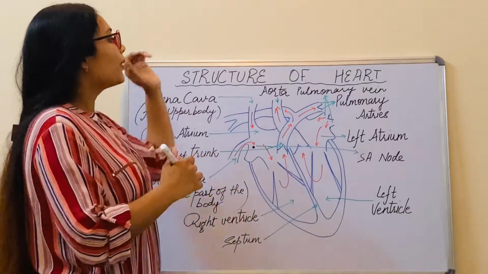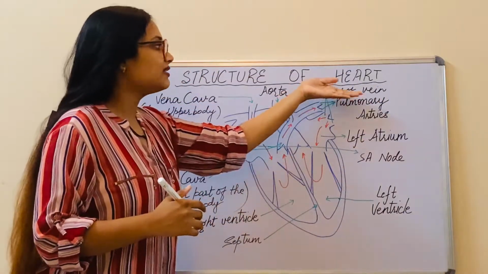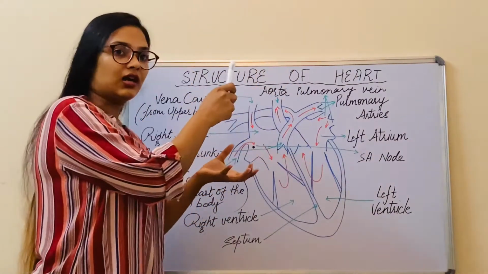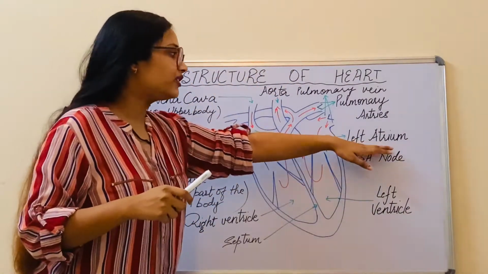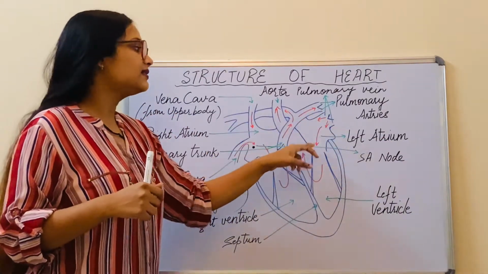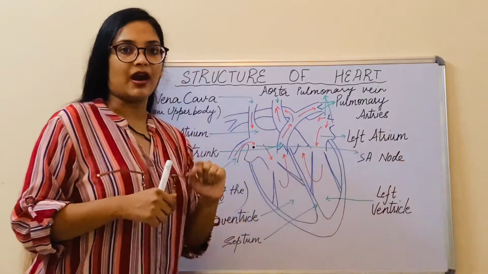So now the pulmonary veins bring in the oxygenated blood from the lungs to the left atrium. So that means the left atrium contains the oxygenated blood.